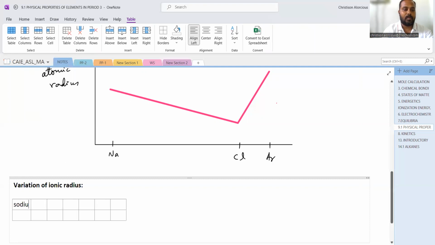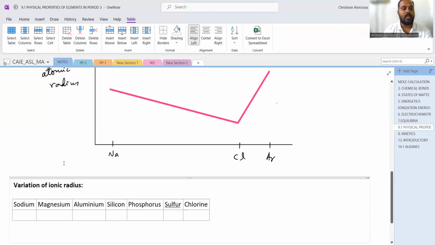So if you have sodium, magnesium, aluminium, silicon, phosphorus, sulfur, and chlorine, sodium forms the Na+ ion, the Mg2+ ion, the Al3+, the Si4+, the P3-, the phosphide ion, the sulfide, and the chloride ion.